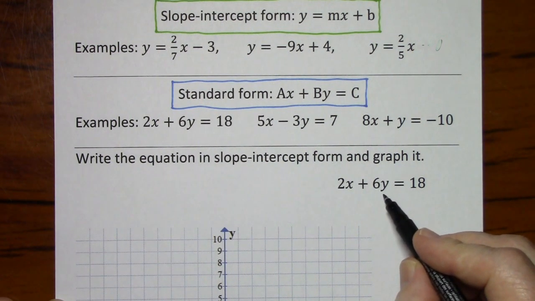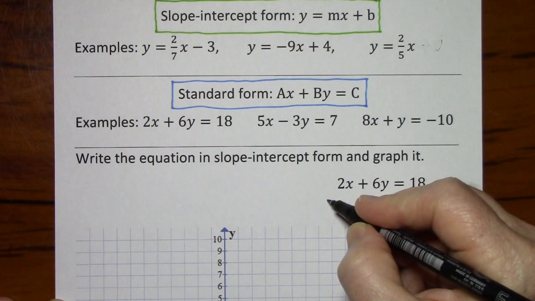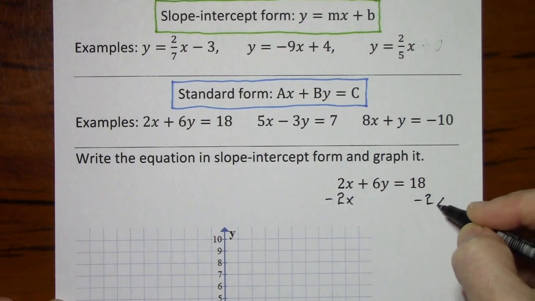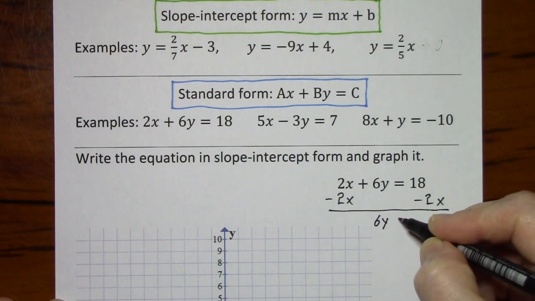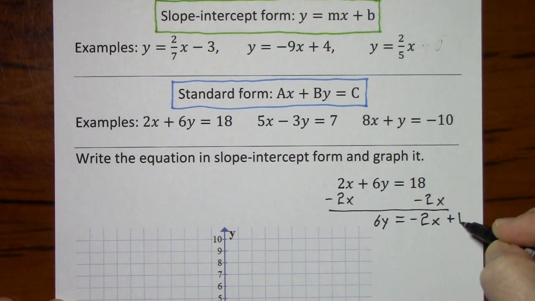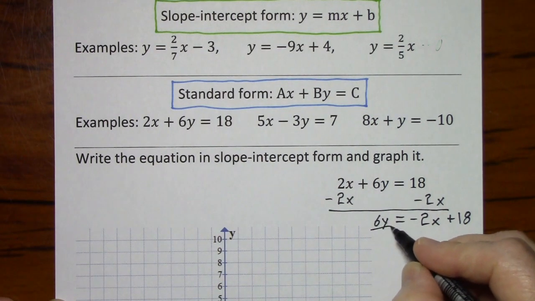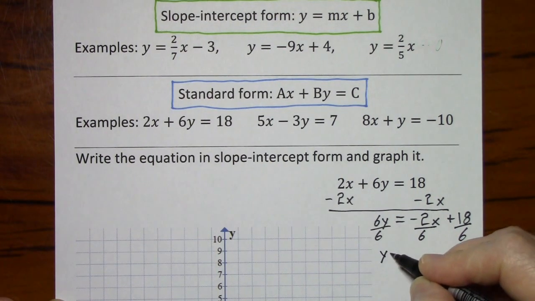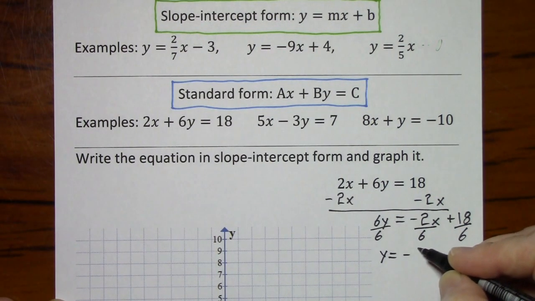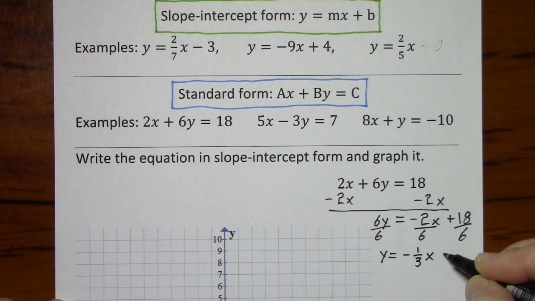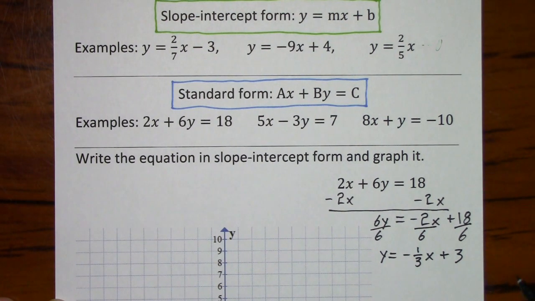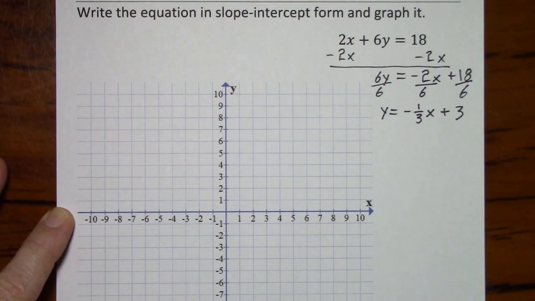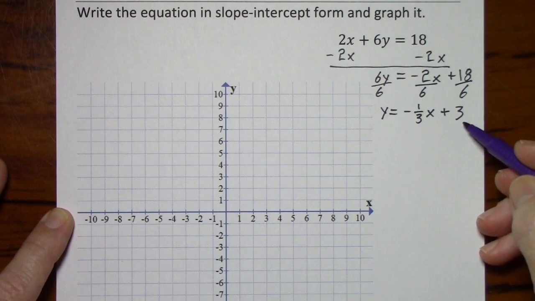Basically, I need to get y by itself, so I'll get rid of the 2x. Get rid of the 6. This will reduce to a -1/3. And this will clean up to a 3. So here's our equation. It's in slope-intercept form. So I'll go ahead and graph it.